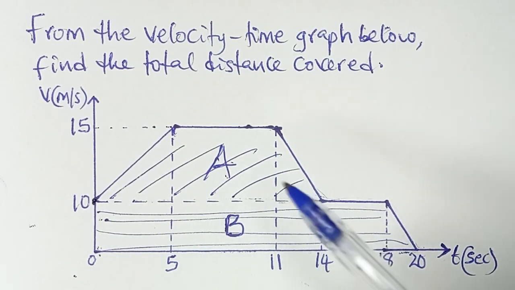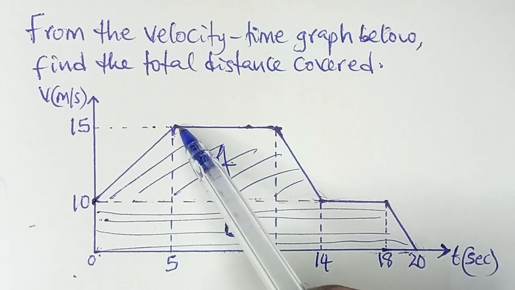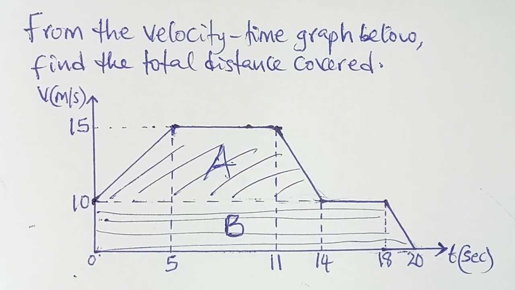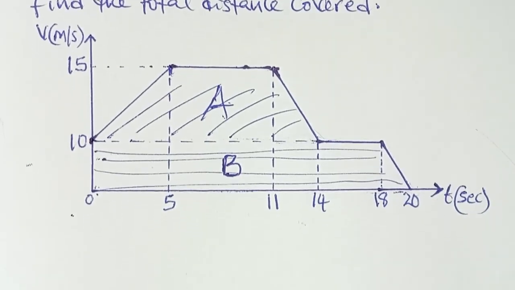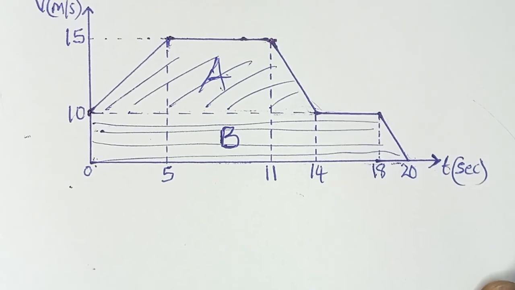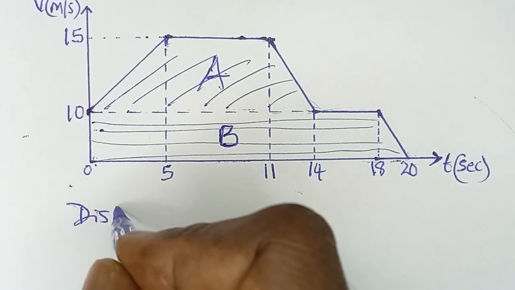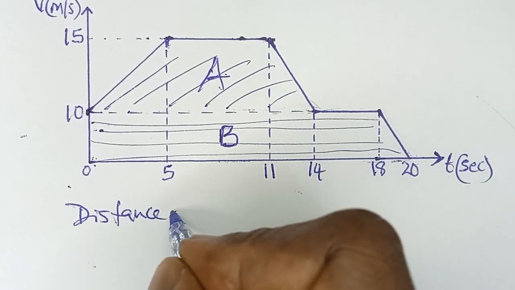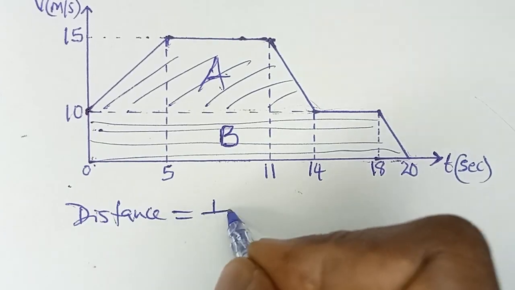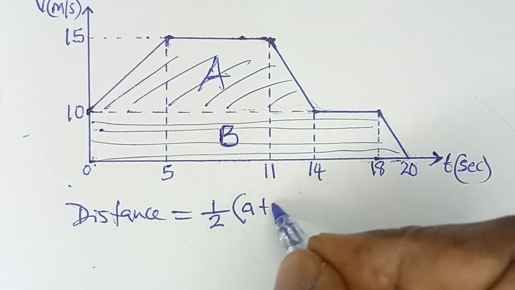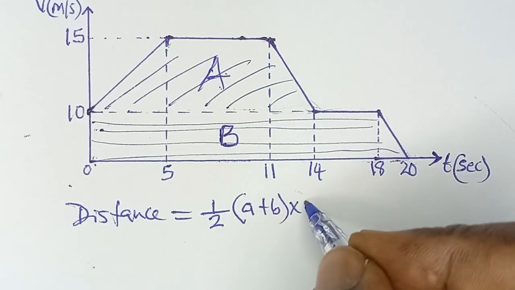Now, in trapezium A, don't forget that the total distance is the area formed by the shape. And the area of a trapezium, which is the distance covered now, is given by half the sum of the parallel sides, A plus B, multiplied by the height.